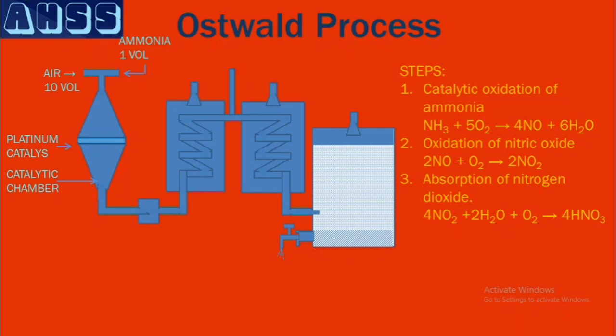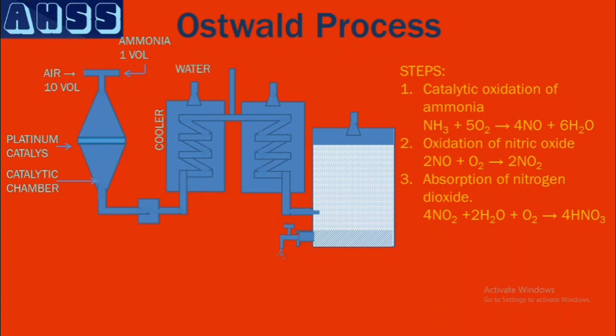At such a high temperature, ammonia is oxidized and it gives nitric oxide gas, NO. And this NO gas is produced here. As this is an exothermic reaction, there is no need to heat further, we only have to heat it initially. Then this nitric oxide gas is passed to the cooling chamber.